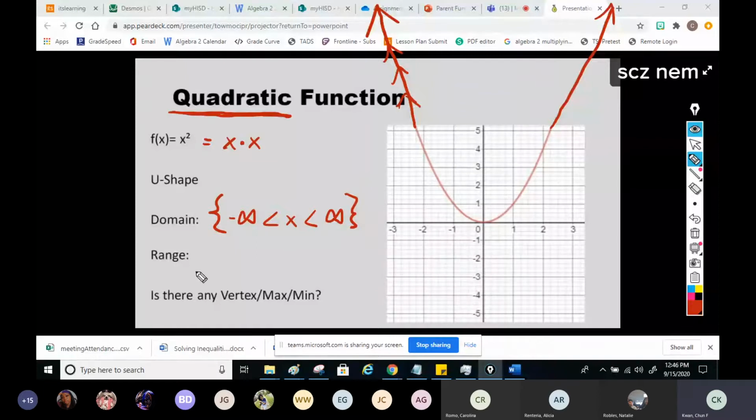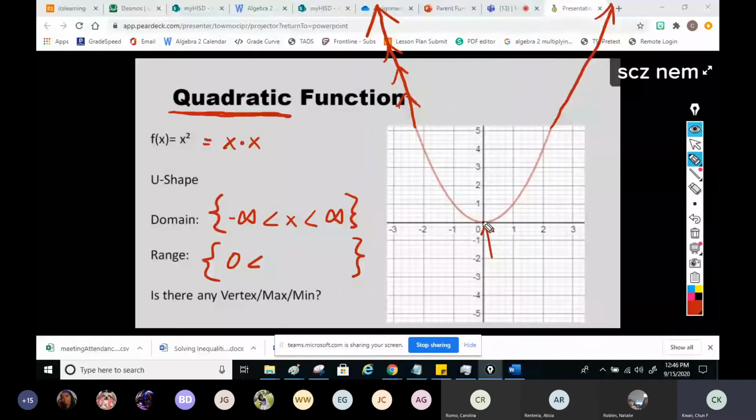What about range? Range is how high and how low the graph is going to go. The lowest point of this graph is going to be right here. This is the lowest point of the graph, and at that point, the lowest value is 0.